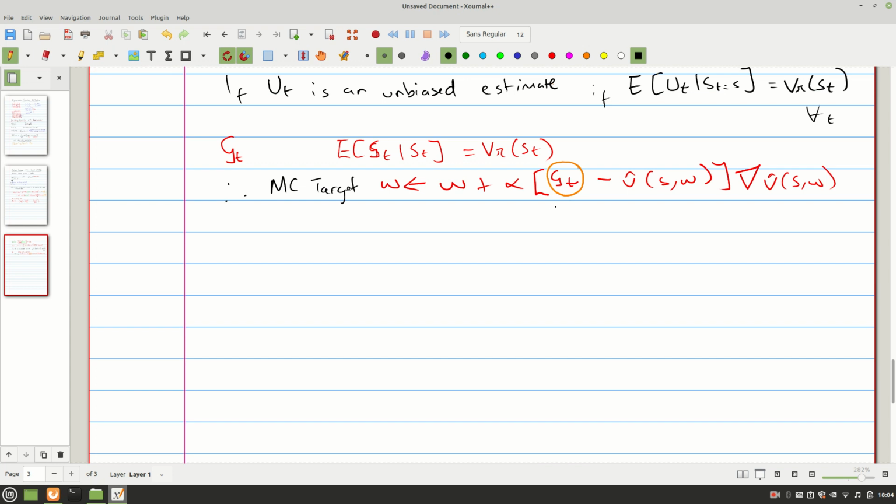But when we're thinking about bootstrapping methods, for example the TD0 target, things are a little bit different.